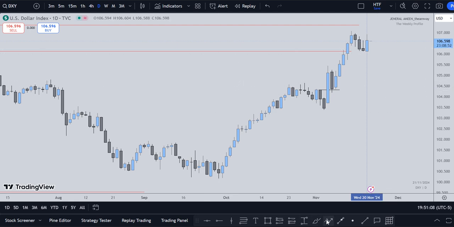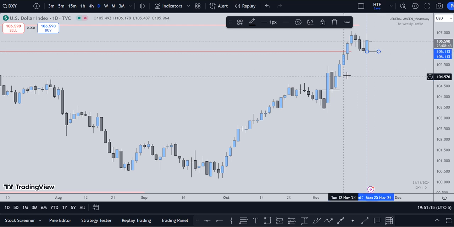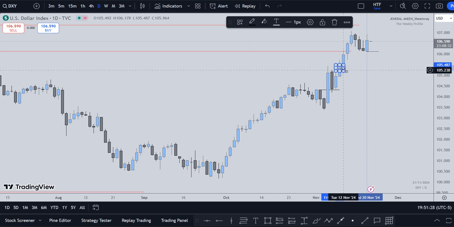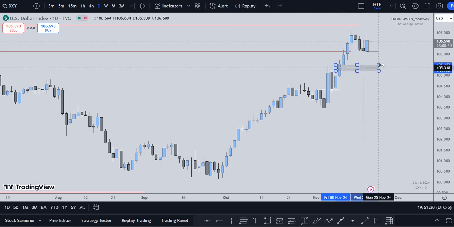But if I begin to see a close below this candle low, then it is possible that we are going to see a trade back into the range. Let me also remind you that the dollar is still very bullish.